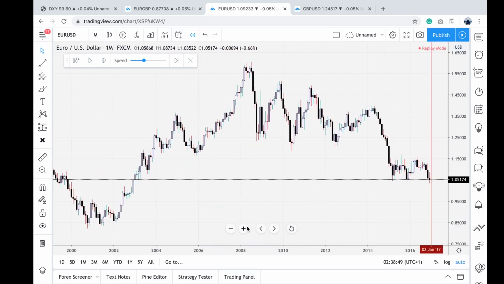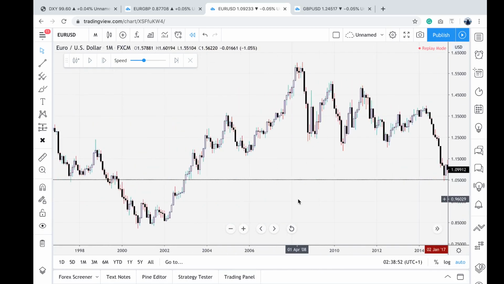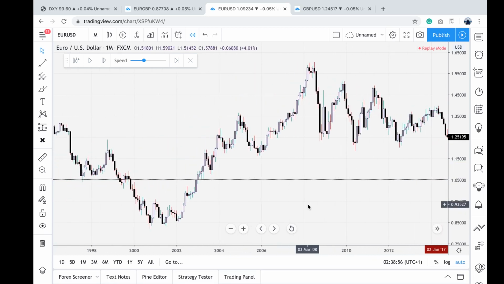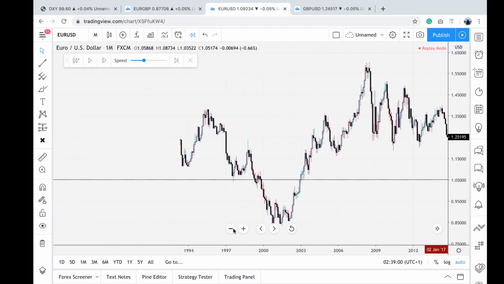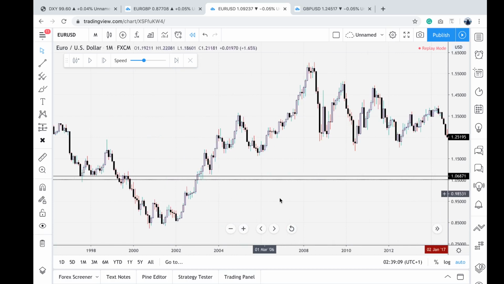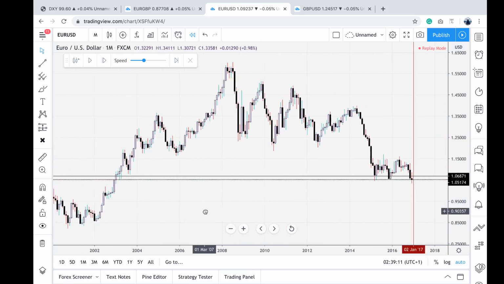On a monthly basis there isn't much to reference, except this was an old high back here in the monthly. That was a level where price showed a nice direction off that level. Other than that, nothing much to reference.